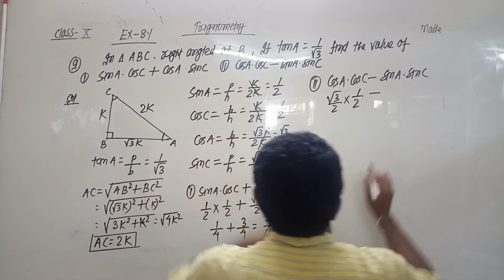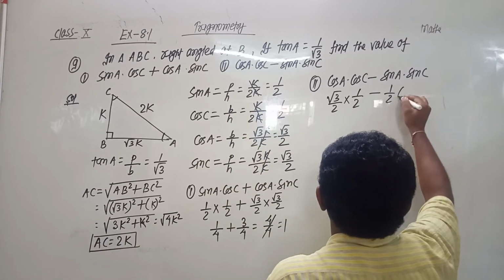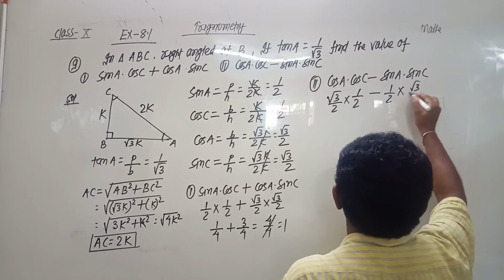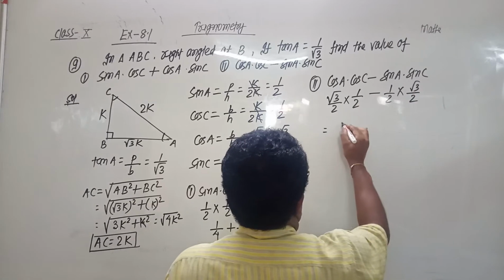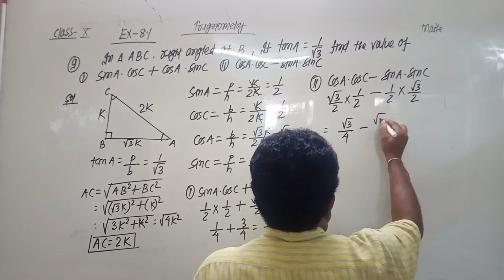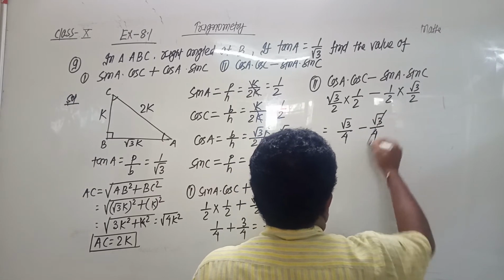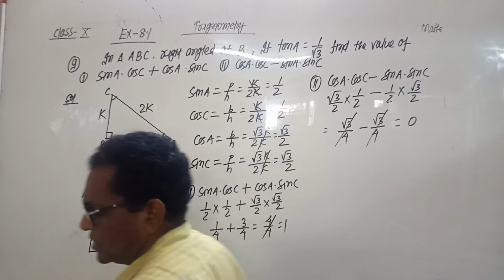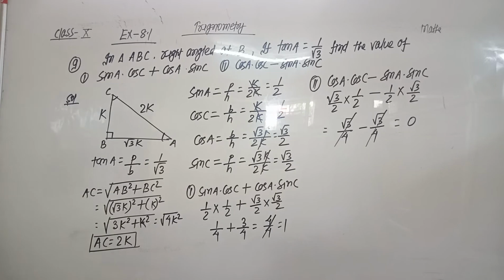The value of sin A is 1 by 2 and the value of sin C is root 3 by 2. So we get root 3 by 4 minus root 3 by 4, which cancels out, and the result comes to be 0. So the answer of the second part is 0.